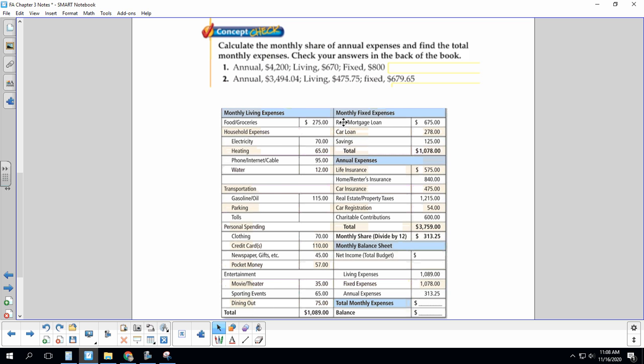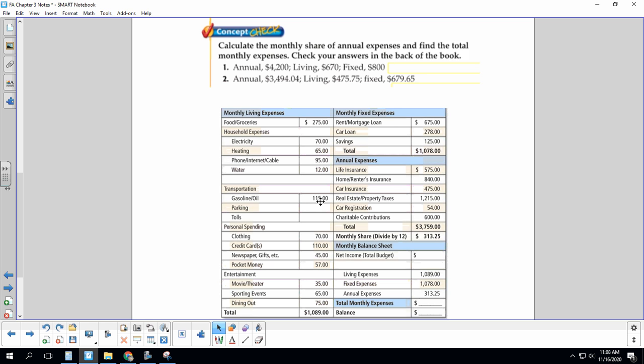The fixed are the same every month. Annual expenses, we add and divide by 12, and then to finish our budget sheet, we add them together and subtract out what we make.